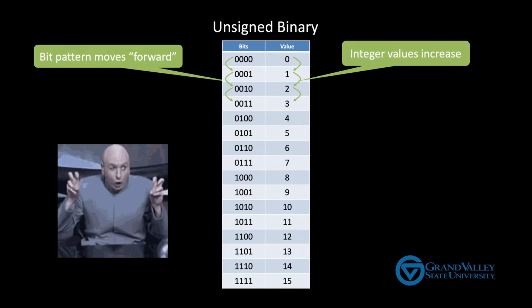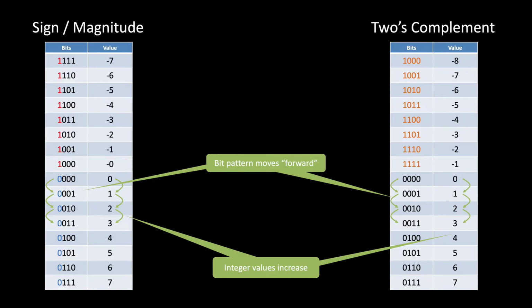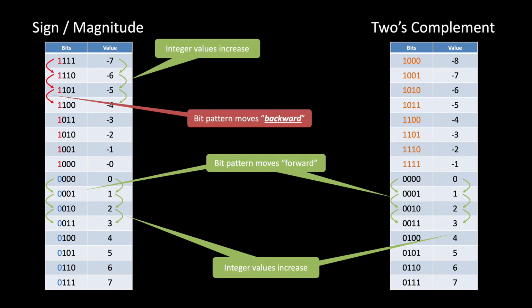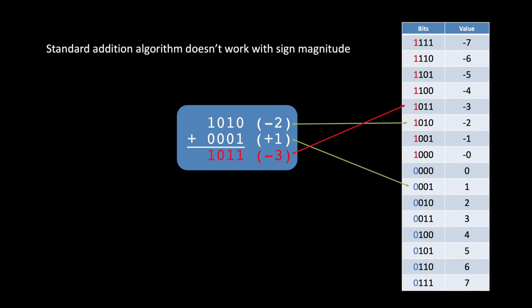This pattern of bit strings and values both moving forward is what we see for the positive numbers in both 2's complement and sign magnitude. But with sign magnitude, the bit pattern for the negative numbers moves backward as the numbers increase in value. It's this backward movement that causes the addition algorithm to fail when using sign magnitude representation.